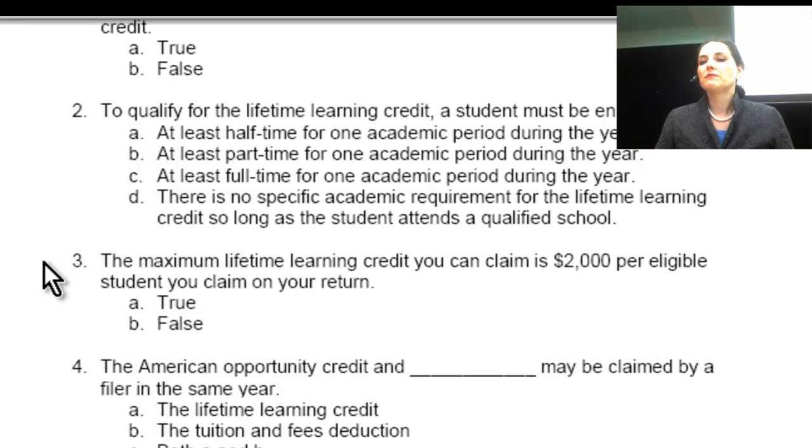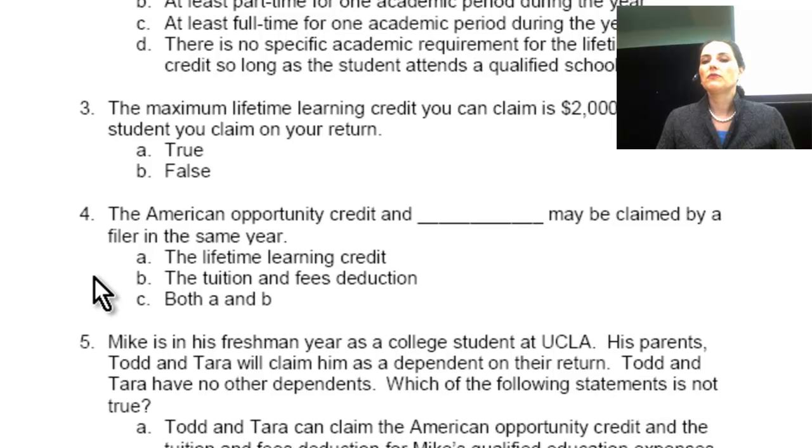Number 3, the maximum lifetime learning credit you can claim is $2,000 per eligible student that you claim on your return. That is false. The maximum lifetime learning credit you can claim is $2,000 per year, regardless of the number of students. Number 4, the American Opportunity Credit and the blank may be claimed by a filer in the same year. So the question is, can I claim the lifetime learning credit or the tuition and fees deduction in the same year that I claim the American Opportunity Credit?